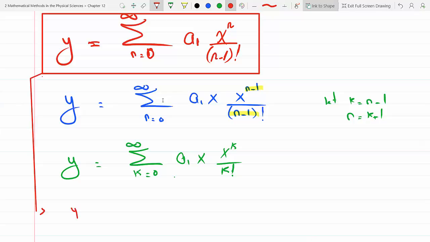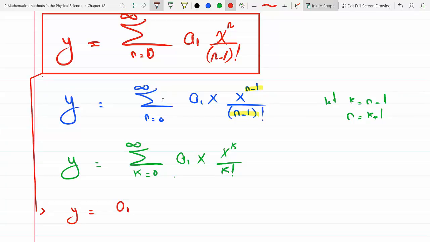So for example, when n equals 0, 0 doesn't work, right? Because you get minus 1 factorial. But when n equals 1, you would get a1, which would make sense because we said that a0 is 0.